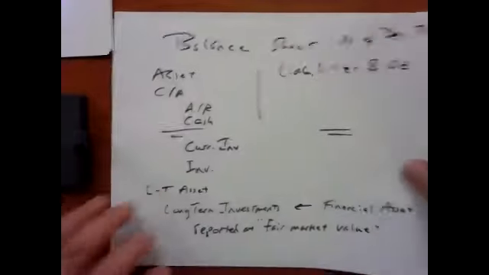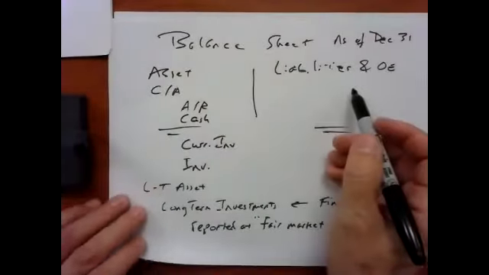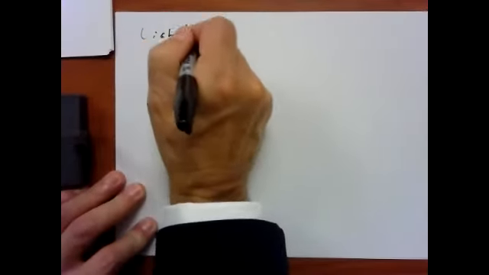All right, now we were looking at the asset side, and we're going to shift to the liability side. So liabilities. We'll start with liabilities.